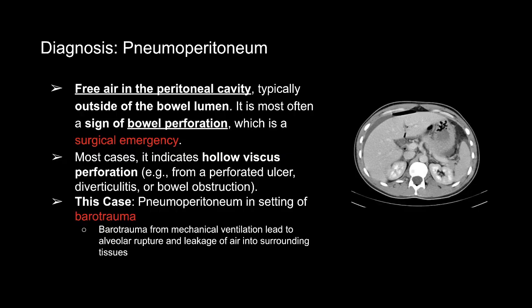One of those complications of receiving mechanical ventilation is the pressure. If it gets too great, it can cause the alveoli in the lung to swell and potentially rupture, and that will cause free air to leak into the surrounding tissues, and it can be a cause of pneumoperitoneum.